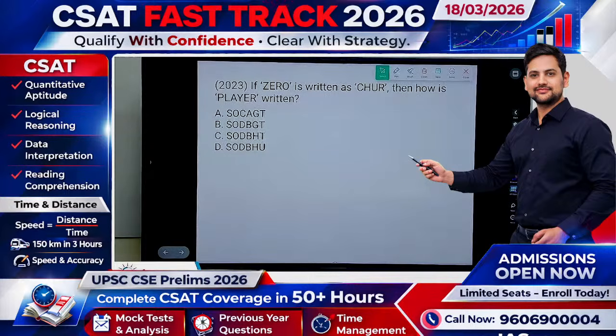From Z to C, you can also think it like a circular. Okay. So after Z, you get to A again, then B, then C. See the difference like this.